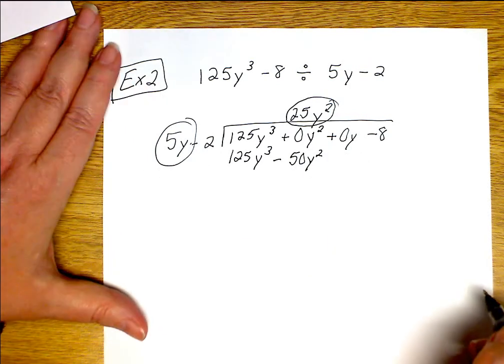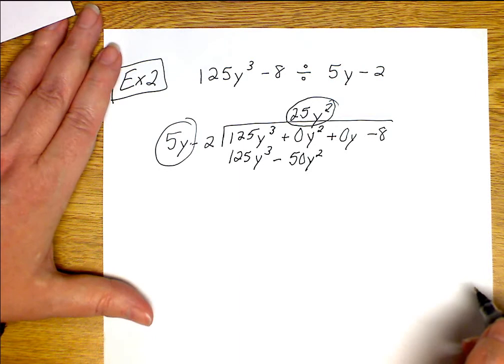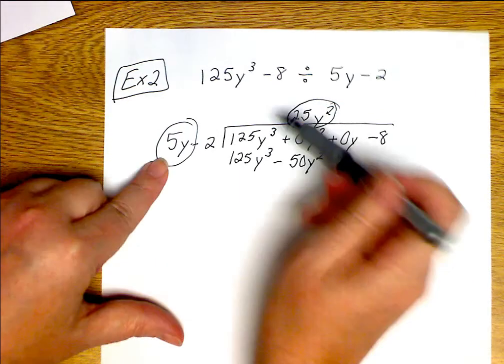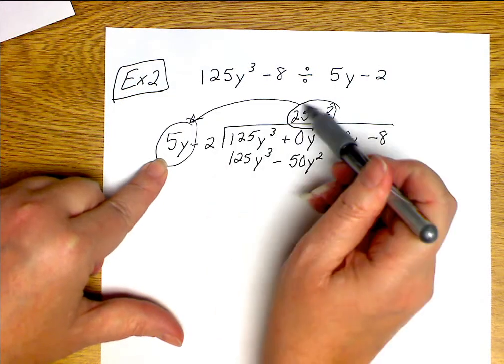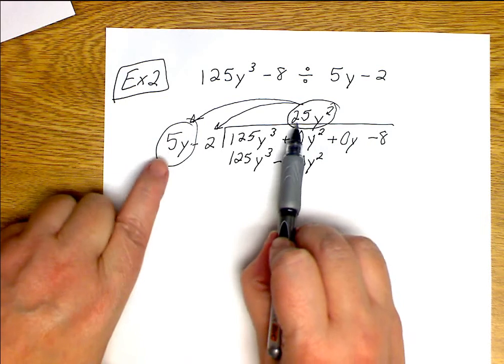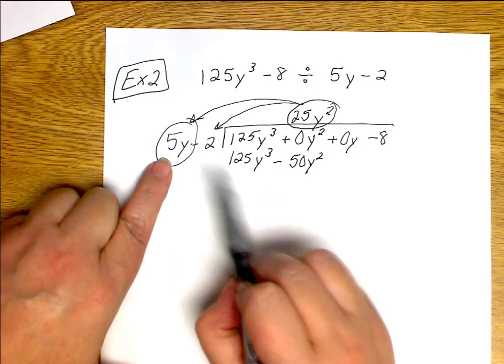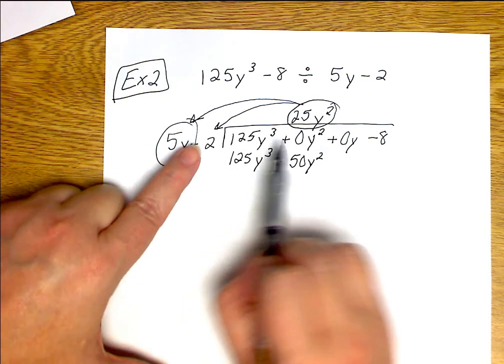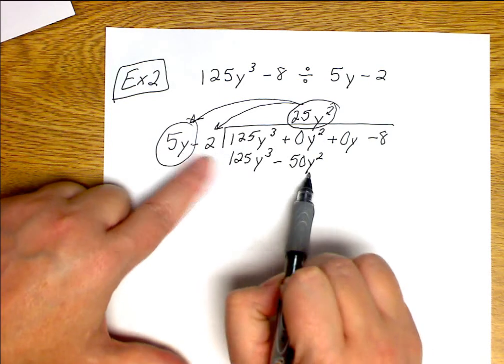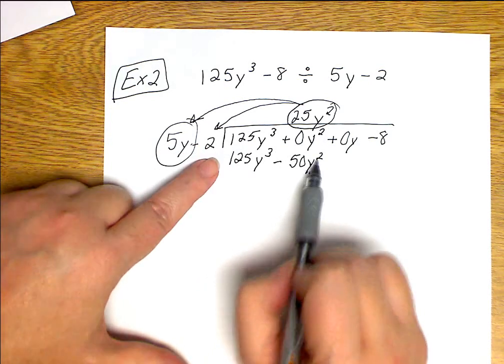It helps us get our next number. Remember, this has to go to here and to here. It's distributing. It has to go to both. So 25 times 5 is 125 y cubed. Negative 2 times my 25 is negative 50. Y times, so we have y squared.